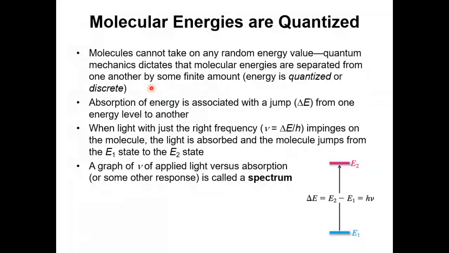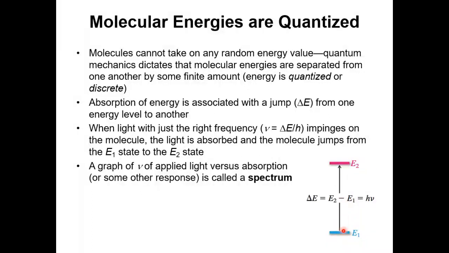Just like you consider molecules climbing ladders. Basically, a molecule can only be at certain energy levels. If a molecule changes energy level, for instance, a molecule originally at energy level E1 wants to go to a higher energy level, say E2, those are well-defined energy levels.